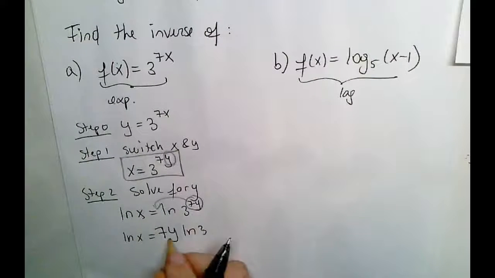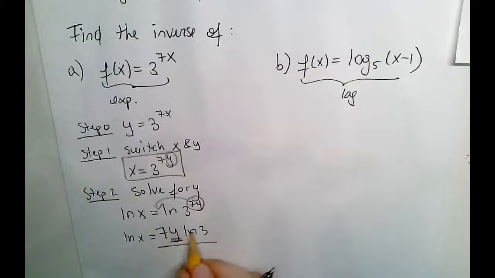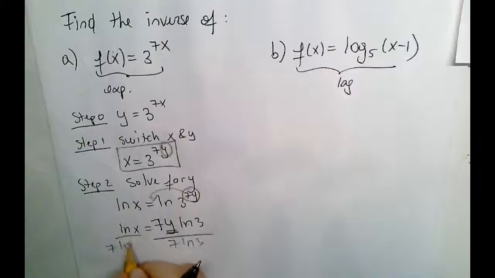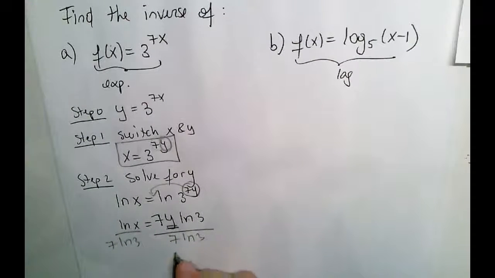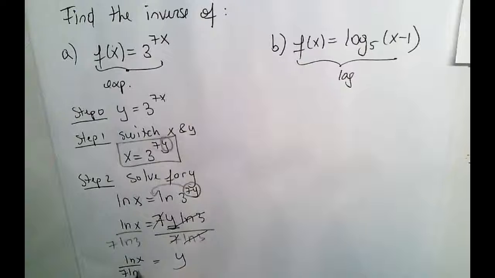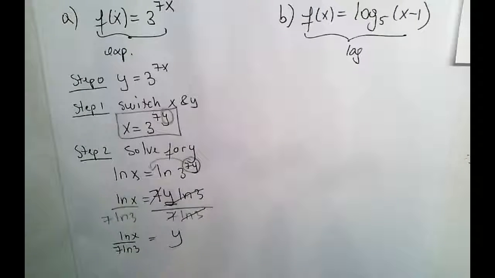Keep in mind I'm solving for y, so I need to divide both sides by 7 ln of 3. So there you go, I got that y equals ln of x over 7 ln of 3. So this is my inverse.